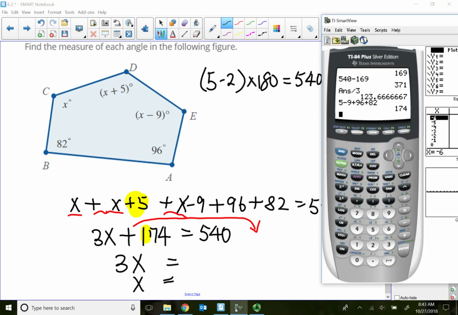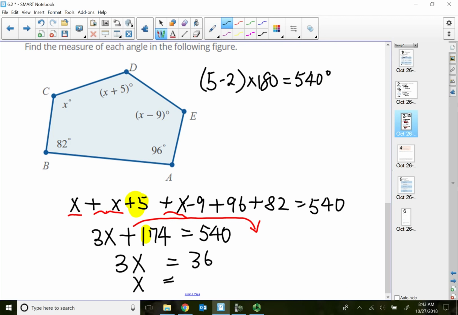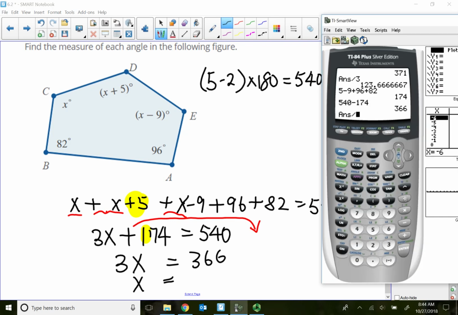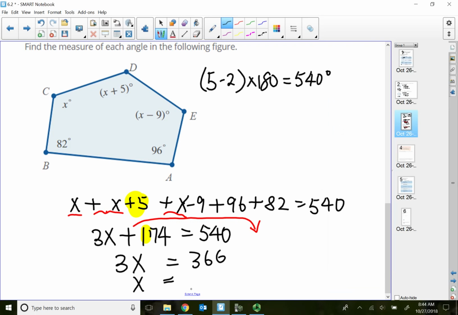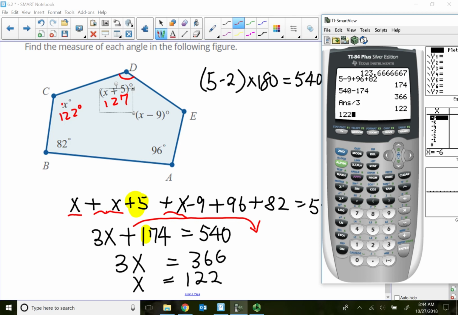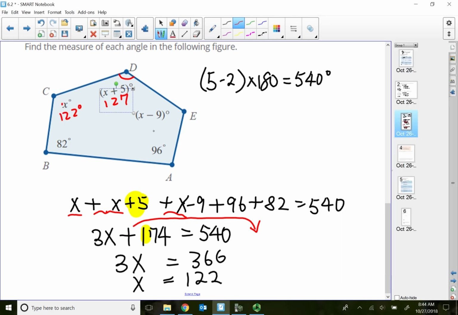So 540 minus 174 is 366. Divide both sides by 3: x equals 122. So this angle is 122 degrees, this interior angle is 122 plus 5, which is 127, and this one is 122 minus 9, which is 113. There you go.